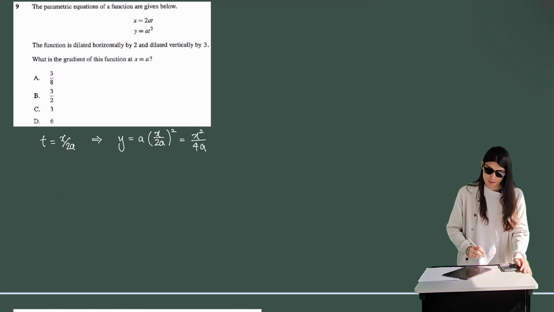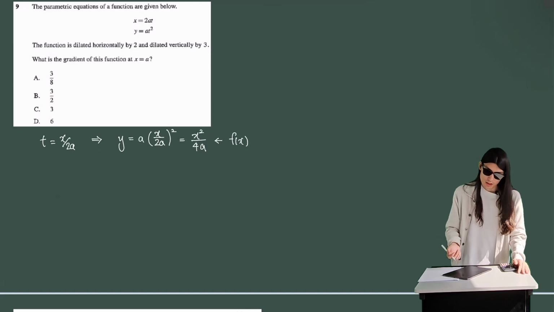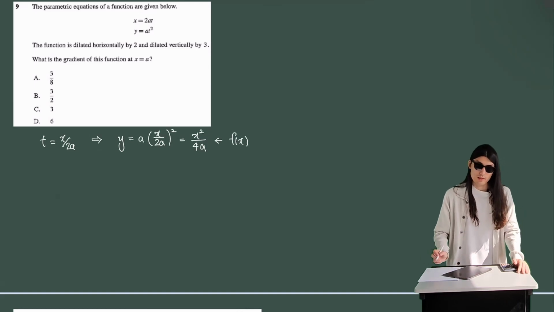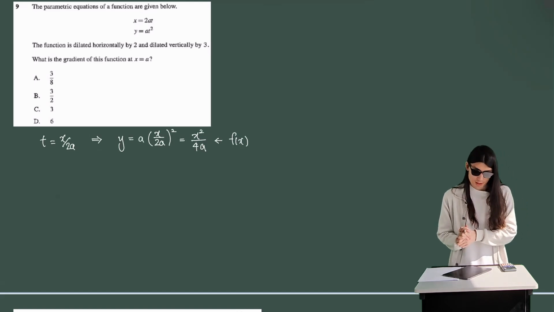Okay, and suppose, guys, that this is the equation of f of x. Okay, because the question then talks about dilating this function horizontally by 2 and vertically by 3, doesn't it?